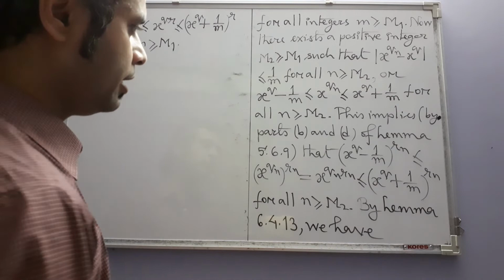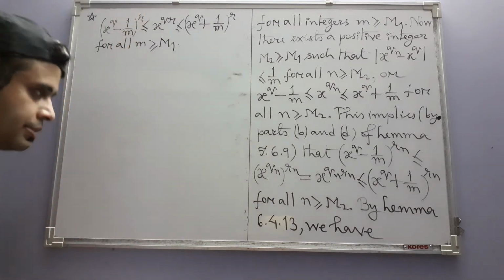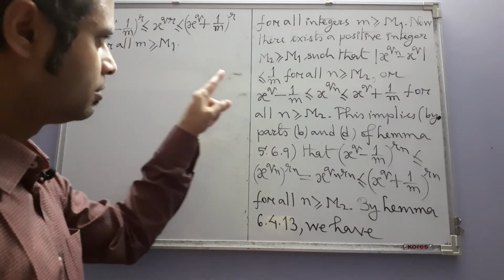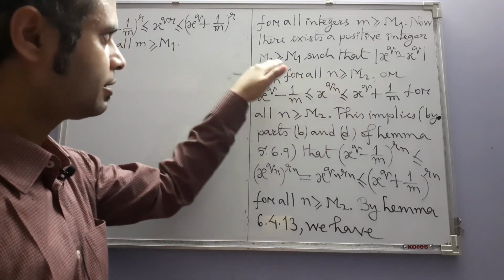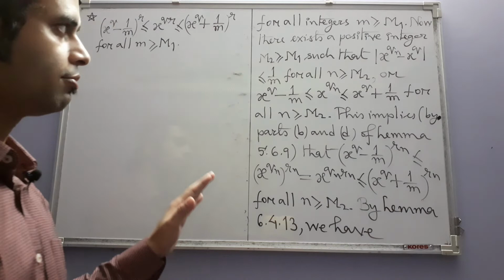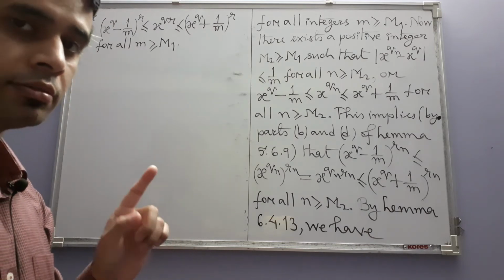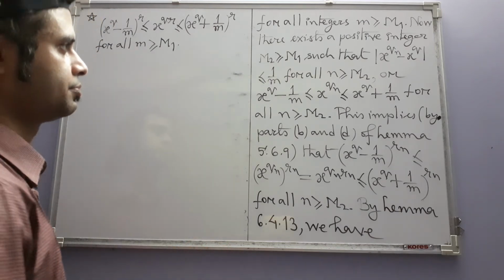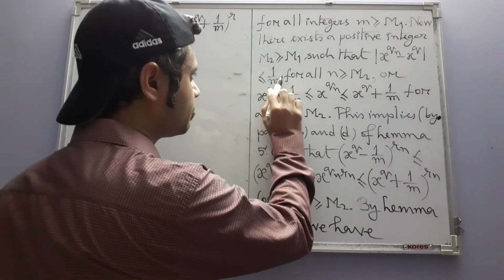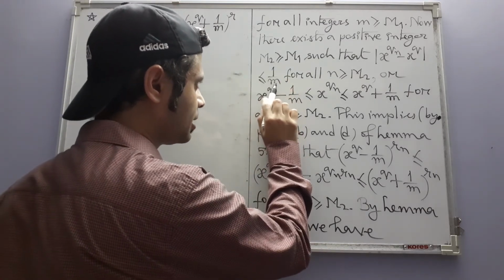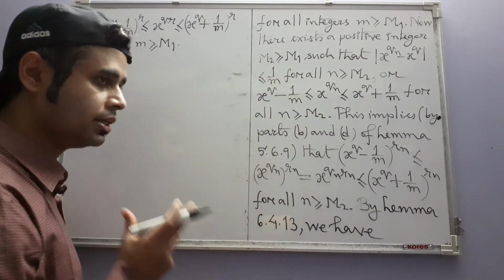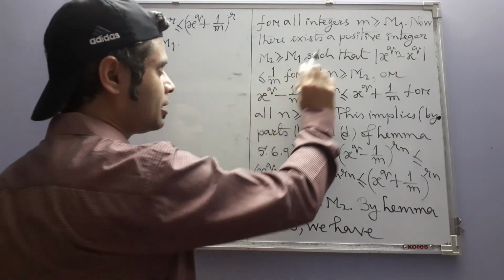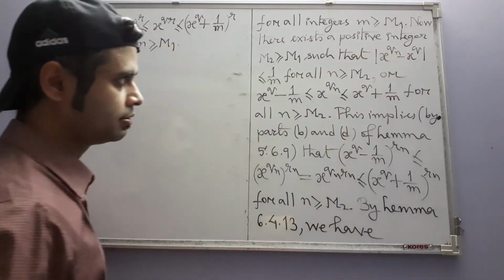What happened to n? Let us just see what we have done till this, and in fact in this step itself there is something that we have not written explicitly. You see that the epsilon we have chosen here is 1 over m, but that small m is not something fixed. That small m itself is changing.